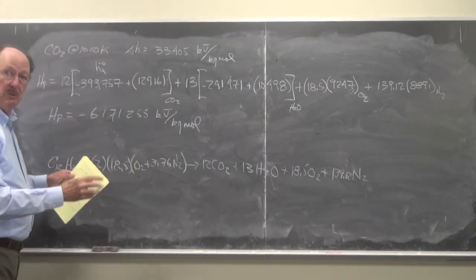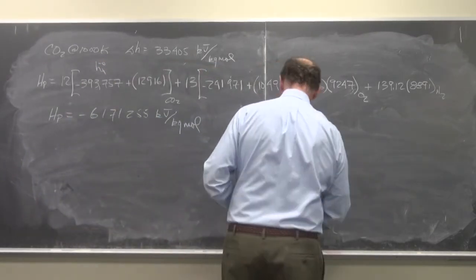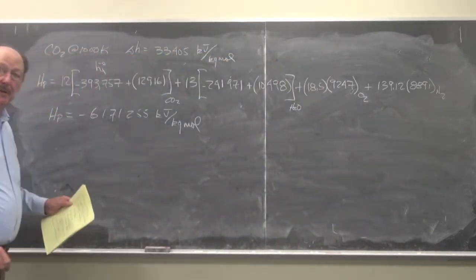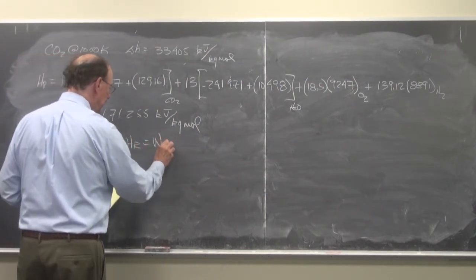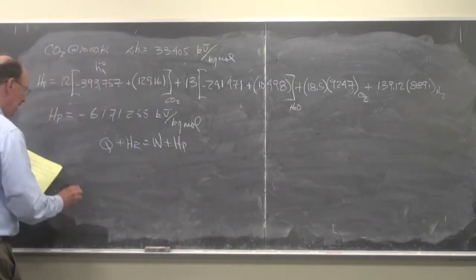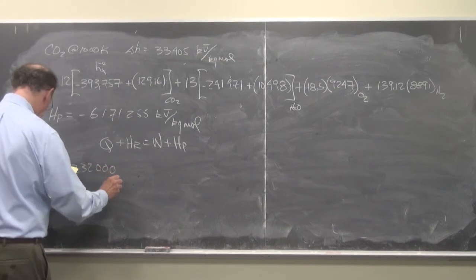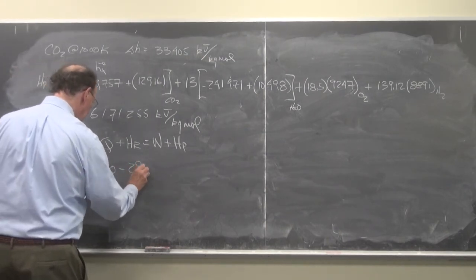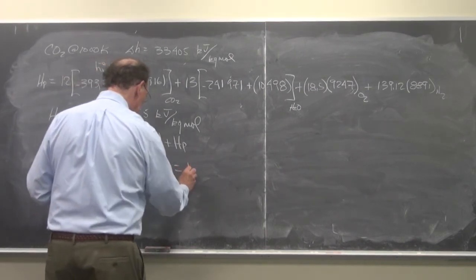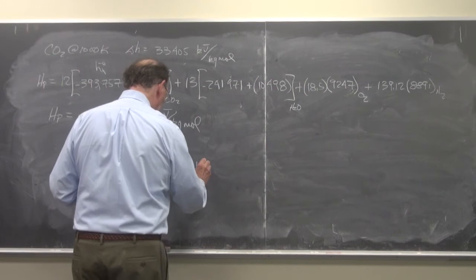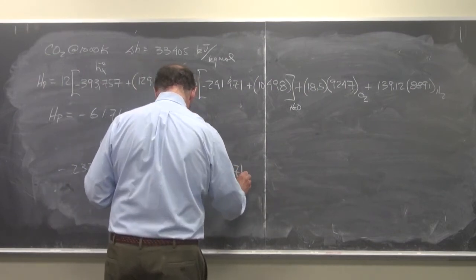And now if I substitute in the equation that we had for Q plus HR, so if I do Q plus HR is equal to W plus HP, we're going to have minus 232000 minus 290971 is equal to W, which we don't know, plus a minus 6171255.